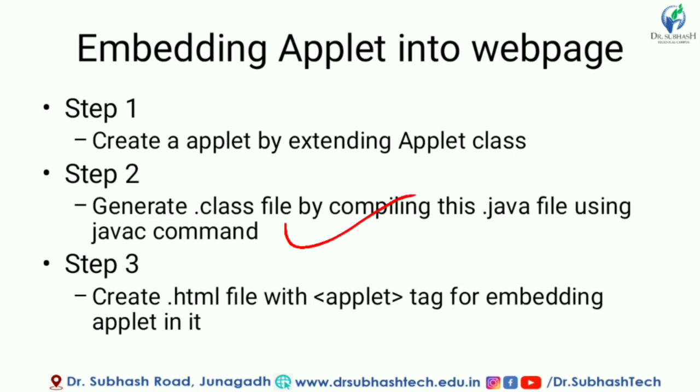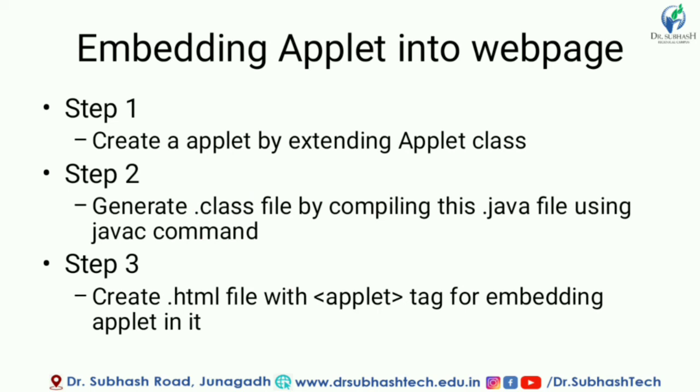In the command prompt you have to write javac space and the file name dot java. Then the file will be converted into the class file. Then the class file will be required in the applet tag.